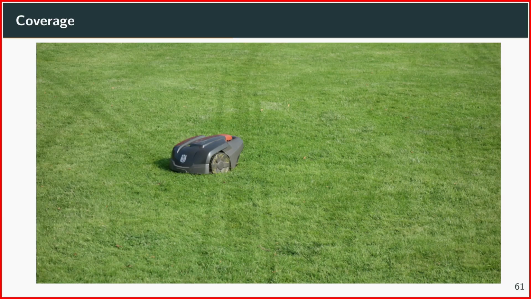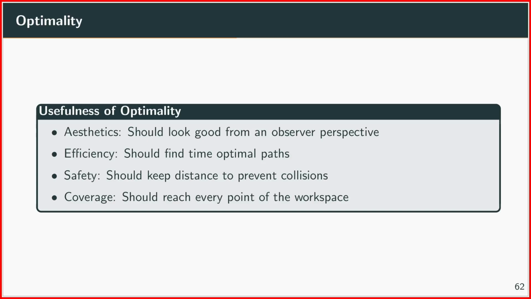So for example, if you use a lawnmower robot, then of course you don't want it to randomly cross your grass all the time, but you want to have it covering in an optimal way so that it finishes as soon as possible. So those are some reasons why we want to have optimality.